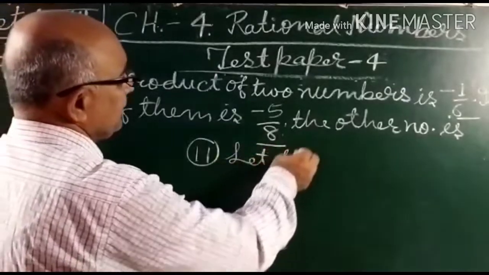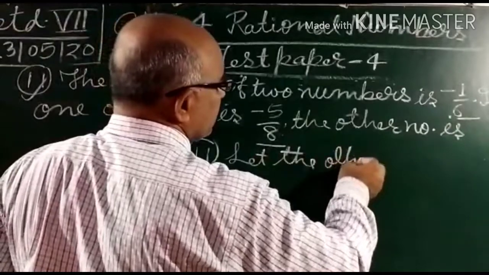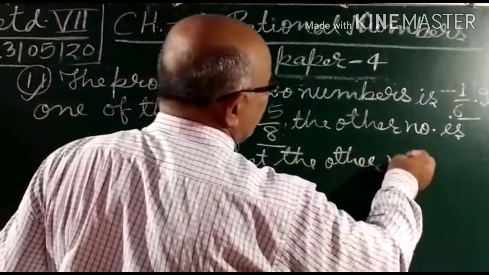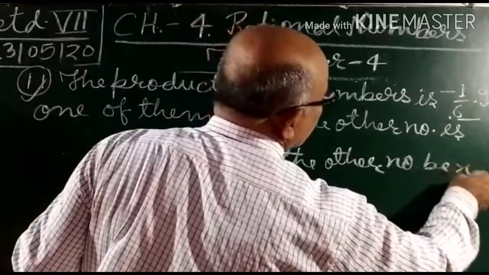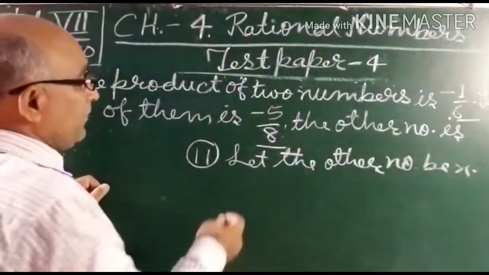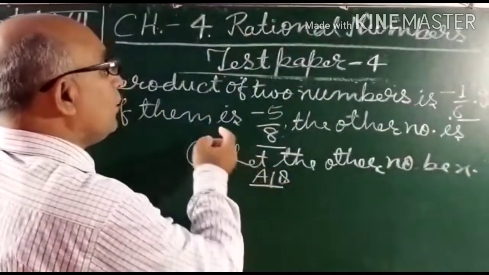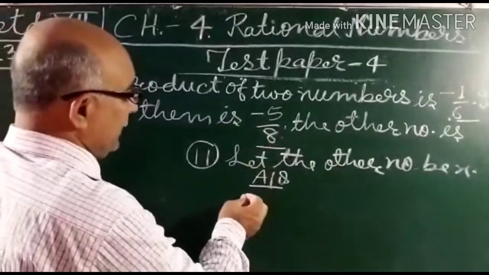Let the other number be x. According to the question, one of them is minus 5 by 8.